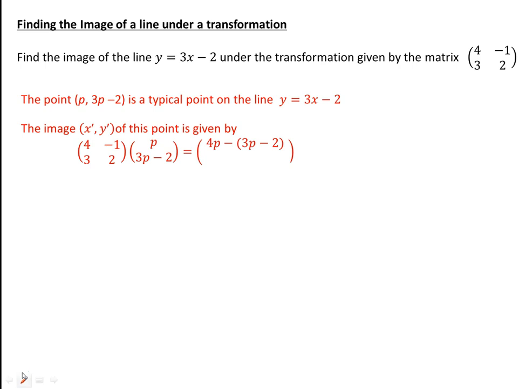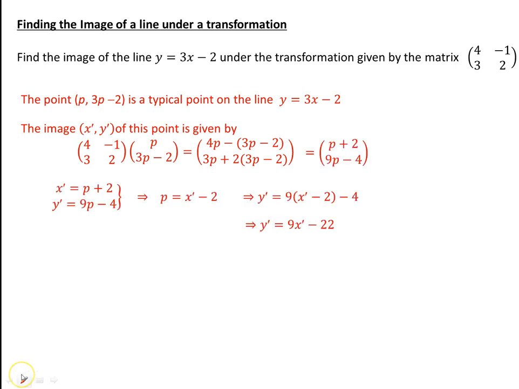And the bottom entry is going to be 3 times p plus 2 times (3p - 2). The top entry simplifies to p + 2, and the bottom entry to 9p - 4. So the image of the line y = 3x - 2 under this transformation with this matrix is the line y' = 9x' - 22.